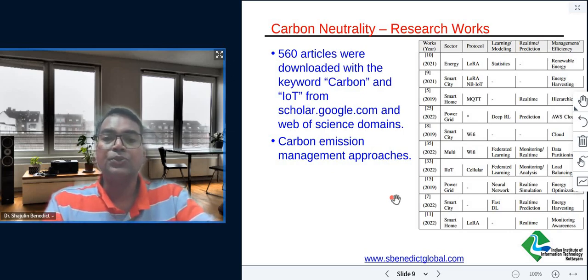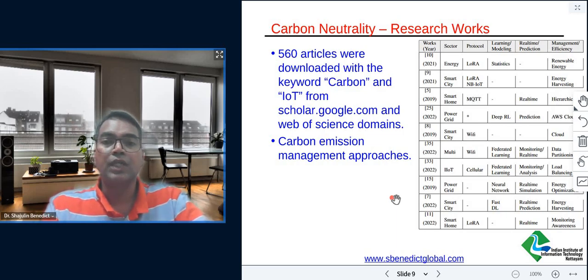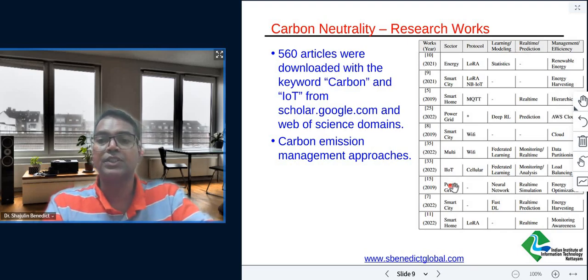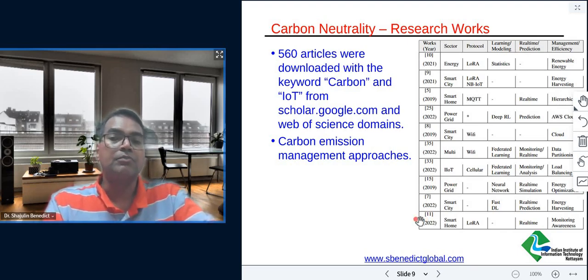And as you could see from the literatures, we could observe that several researchers have focused on different sectors like energy, smart cities, smart home, power grid, smart IoT, that means industrial IoT sector, or power grid sector, and so on.